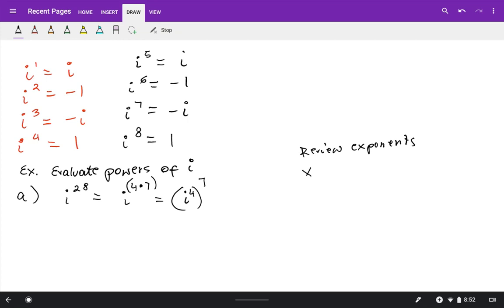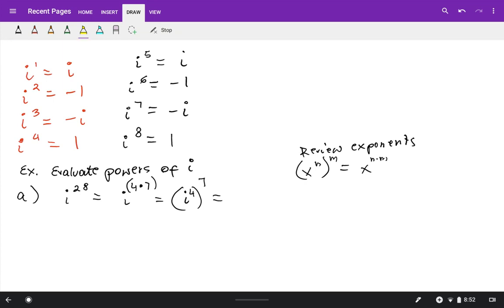Let's say you have x to the power of n, and then to the power of m. When you have a power of a power, you're just multiplying those powers. So what I did, I rewrote that 4 times 7 as i to the power of 4, and then everything to the power of 7. So look what happened.